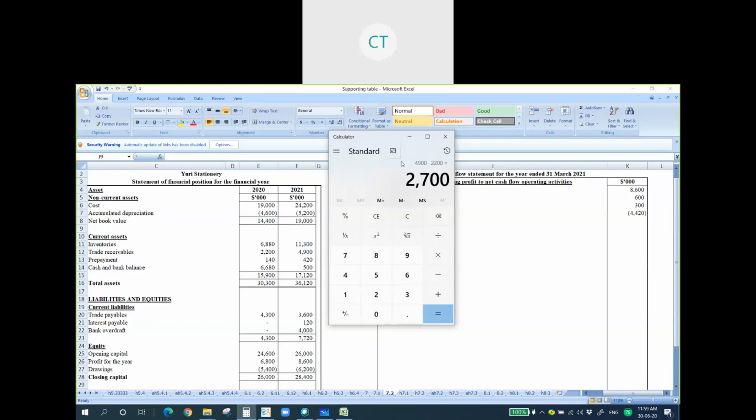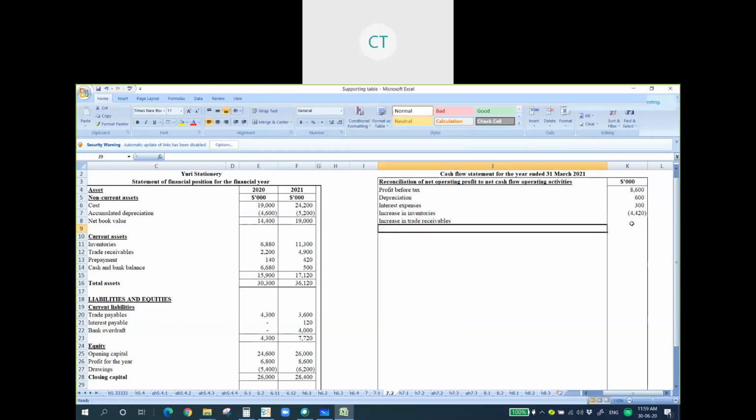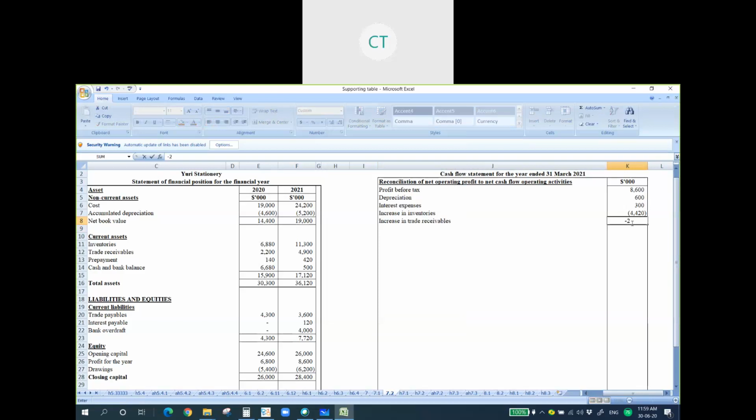So Jocelyn answers negative, Angel answers negative. How about others? Xing Yi also negative, Yi Seng also negative, Yi An also negative. Alright, the final answer is negative 2,700.